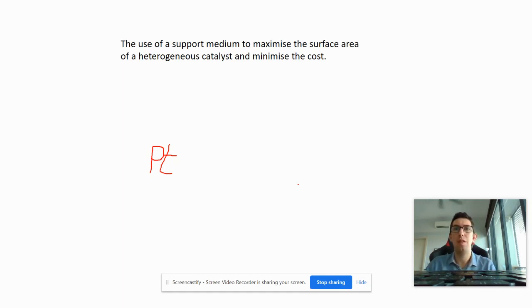Also, because the catalyst works by the chemicals adsorbing onto the surface, the inner part of it doesn't need to be pure platinum. So you can create a support structure made out of something cheap and strong and then coat the catalyst on it, and that way it minimizes the cost. So that's all that means. Generally, we'd use a honeycomb structure because that has a large surface area, something strong, something cheap, coated in, say, the platinum. And this would be the same for any heterogeneous catalyst in industry.